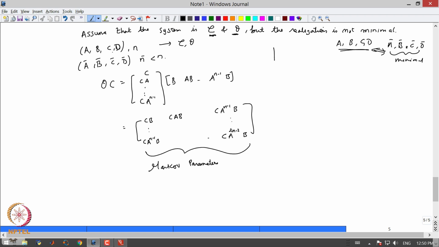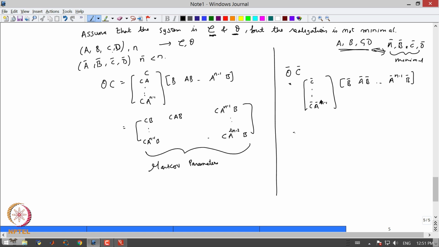Now look at the other realization, where we claim there is some n bar which is less than n, which gives me the minimal realization. So this will be C bar, till C bar A bar^(n-1), and B bar, A bar B bar, till A bar^(n-1) B bar.